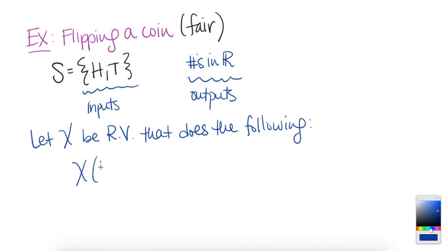So we need to define what X of heads is and what X of tails is. I'm just making up this example. I can make those numbers be whatever I want. So I can make X of heads be 8. I can make X of tails be 3.